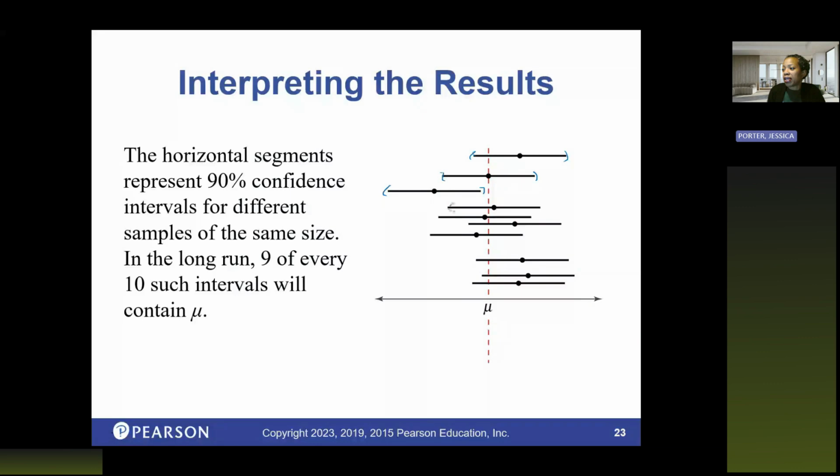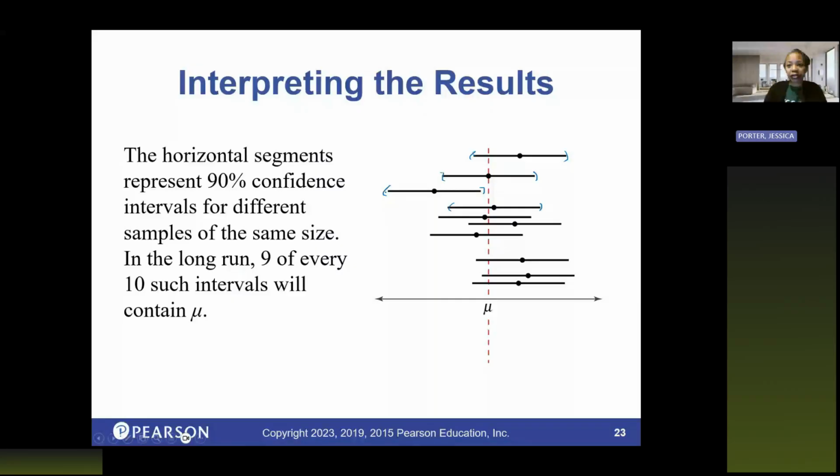So what I'm saying is when I'm building a confidence interval, that this population mean is going to be somewhere in that interval. That's what I'm saying. And in the long run, 9 of every 10 such intervals will contain the population mean. Where's the one that doesn't have it? This one doesn't have the population mean in it, right? Because it's not crossing that red line, the third one down.